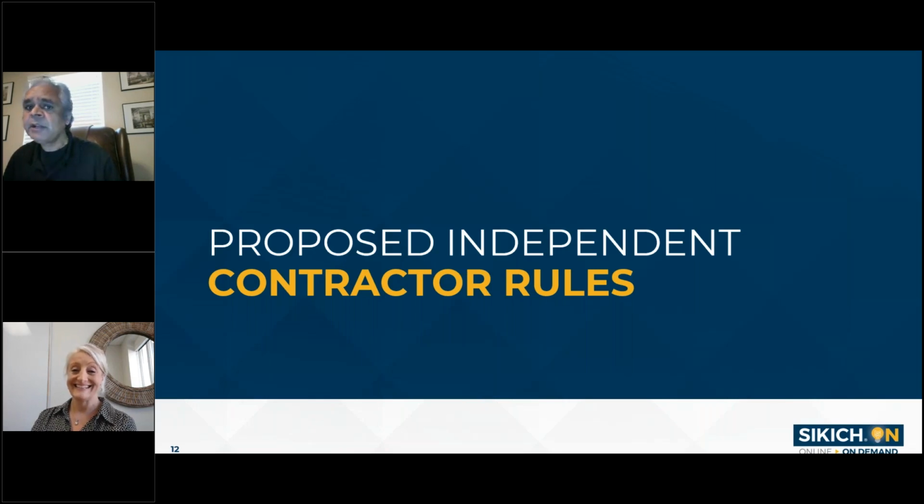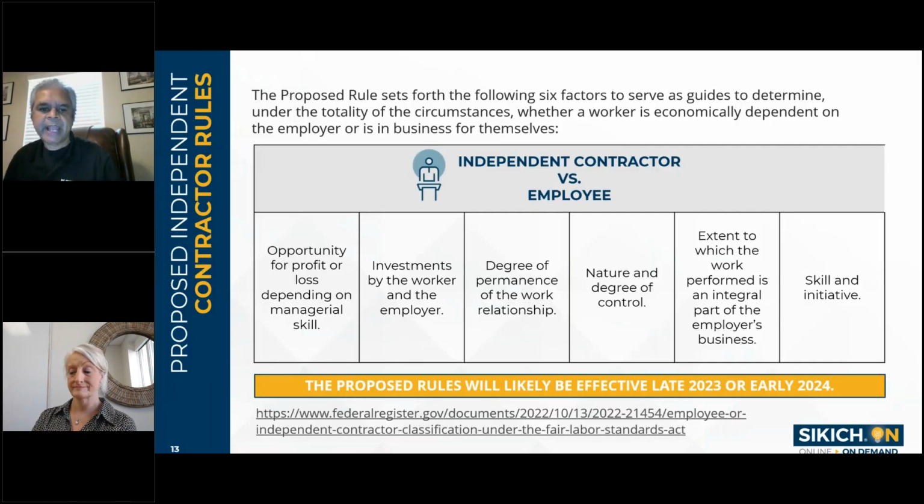Okay, similar to the overtime, exempt and non-exempt, there's also a proposal for independent contractors, on how we classify a person to be an independent contractor versus an employee, right?